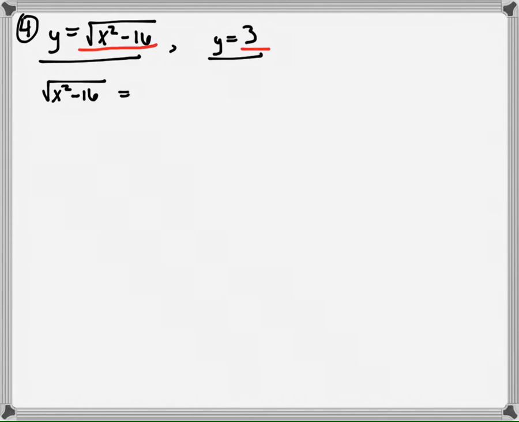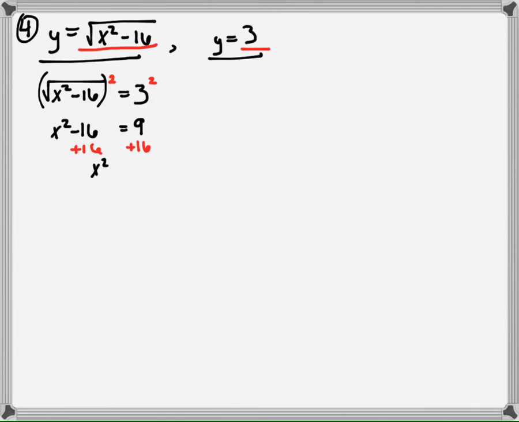is equal to 3. Is my square root by itself? Yes. So all I need to do is square both sides. And so that brings what's under my square root out, giving me x squared minus 16 is equal to 3 squared, which is 9. Add 16 to both sides.